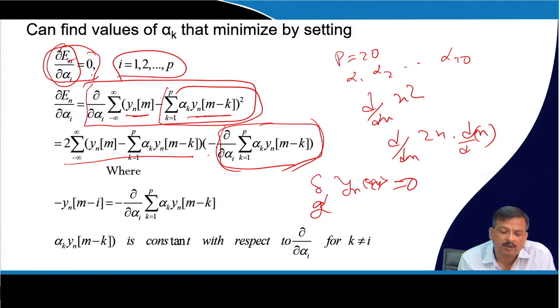Now, what is the derivative with respect to alpha_i of the sum over k equal to 1 to p of alpha_k y_n[m minus k]?